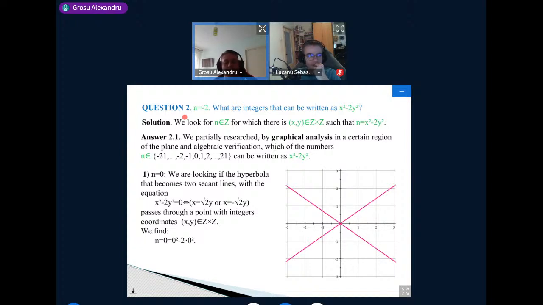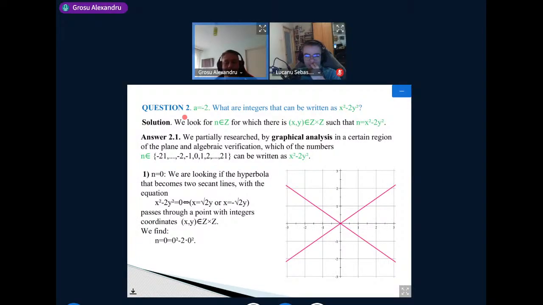In the second question, we have that a equals minus 2. And we ask what are the integers that can be written as x square minus 2y square. We look for an integer n for which there are x and y integers such that n equals x squared minus 2 y squared.